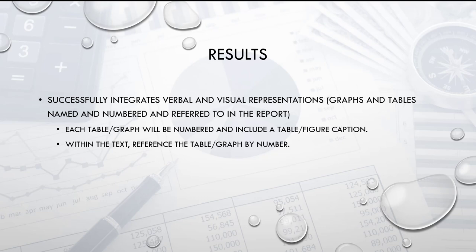If you're going to do the table, you need to label it as a table, make sure that you include the table as table 1, and then refer to that in your findings as well. And don't forget to include figure captions and table captions for your figures and tables, and refer to them within the text.